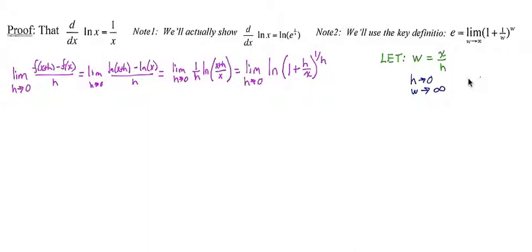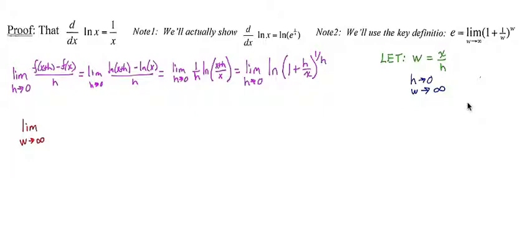So I'm going to start to rewrite this limit. We'll do this in a slightly different color now. So instead of writing h approaching 0, we've just decided if we're going to let w equal x divided by h, well then h approaching 0 is comparable to w approaching infinity. W approaches infinity.